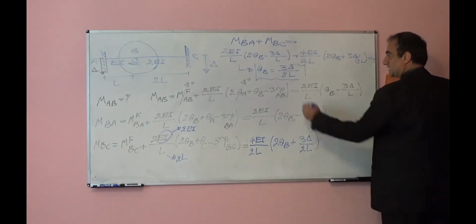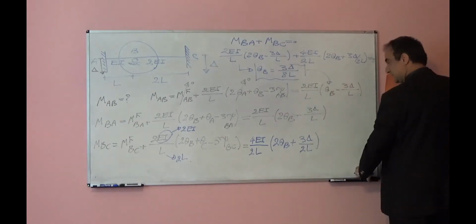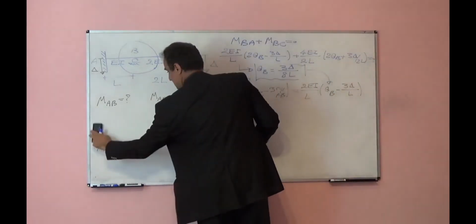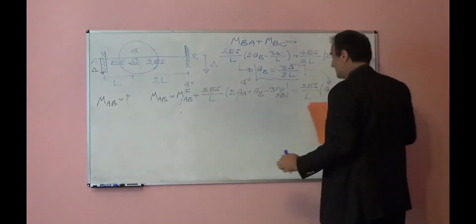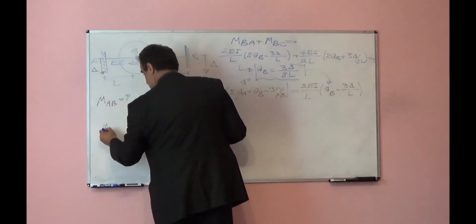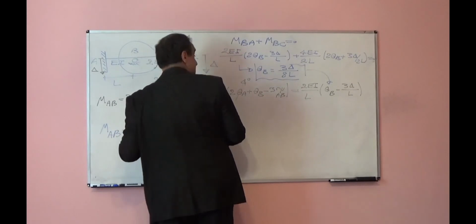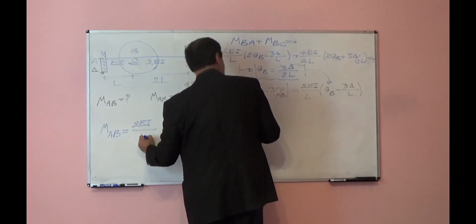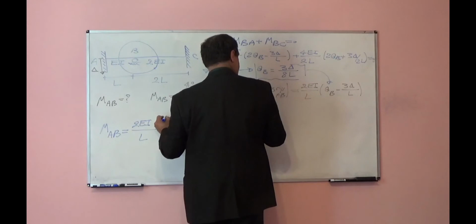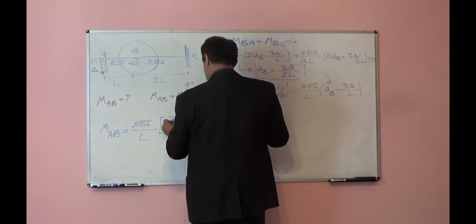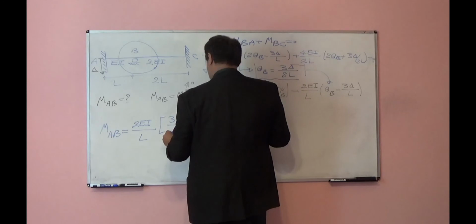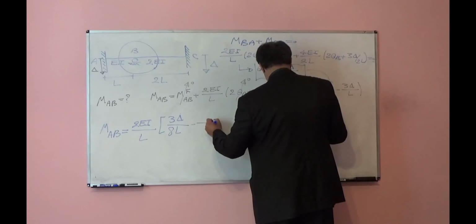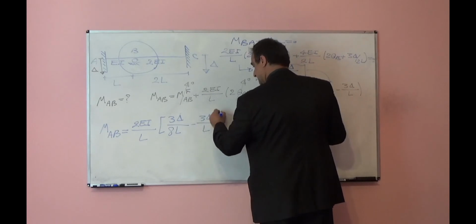Now if I plug this theta B in that equation, MAB will be equal to 2EI over L times (3 delta divided by 8L minus 3 delta over L).